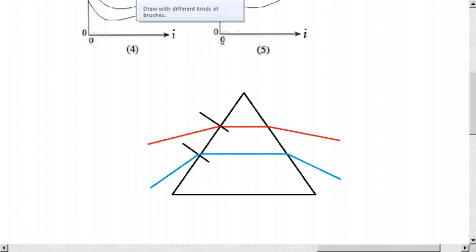That means capital D of red, let us use black color, capital D of red color is less than capital D of blue color.